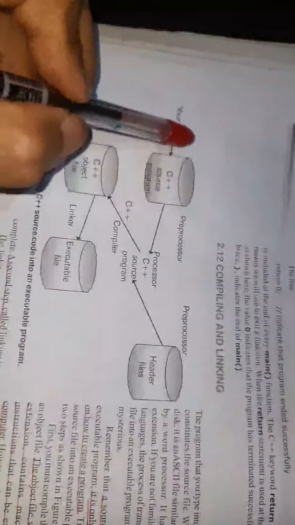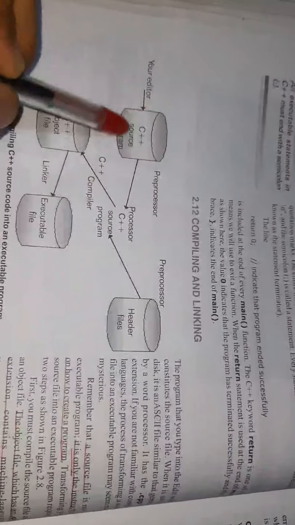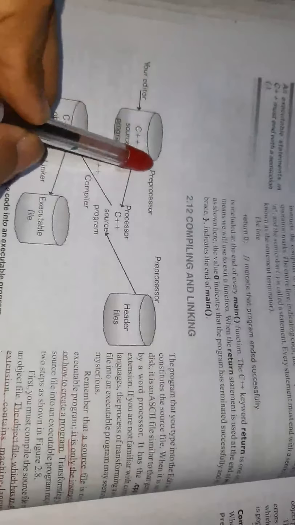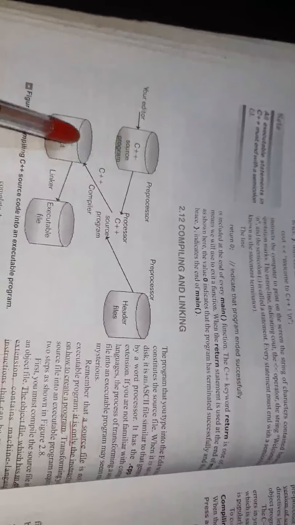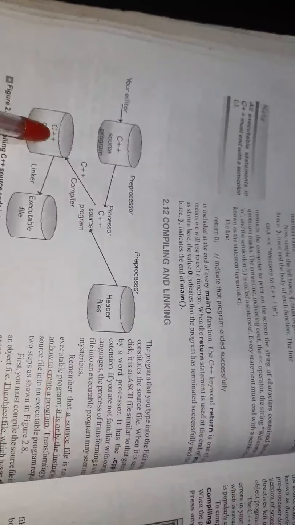There you have written the source file, that is the program, suppose like welcome to C++ or hello world. Now the preprocessor will take this source program, and then it will convert it using the compiler into an object file, which is the same as this, except that this is the machine language format file.